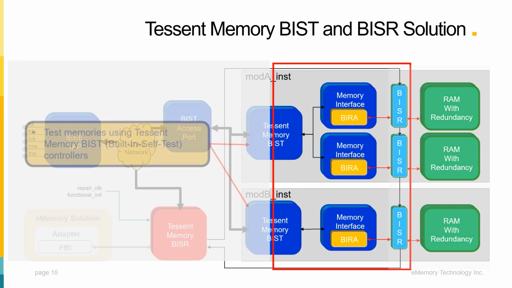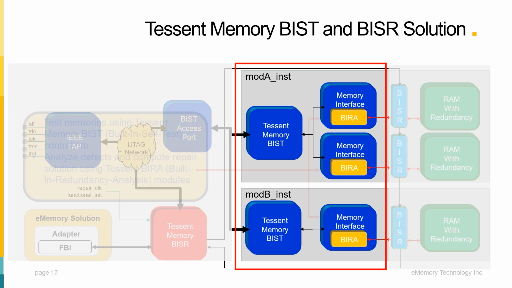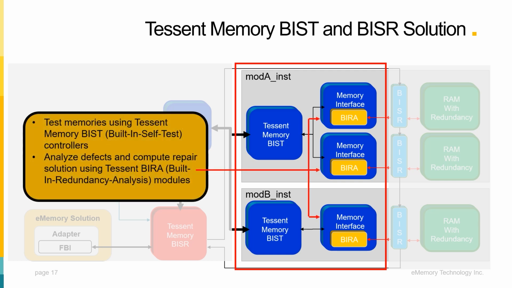Next, the Tessent memory built-in self-test controller is used to test the SRAM. Following the testing, the Tessent built-in redundancy analysis module analyzes the defects and calculates the necessary repair information.